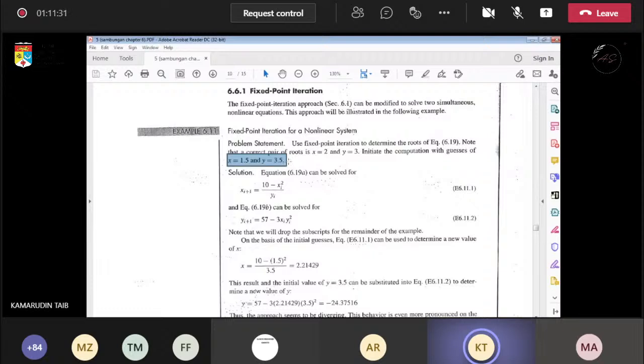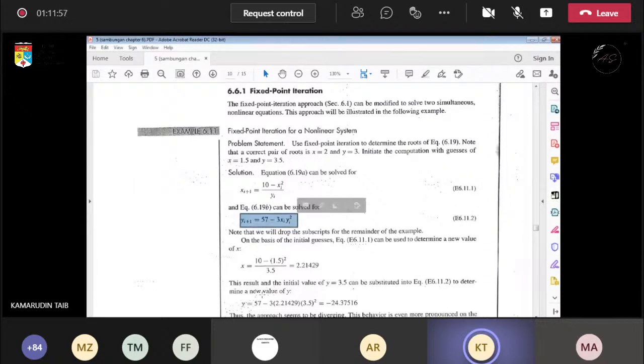then we can write x equals the square root of 10 minus 1.5 times 3.5, using this equation. So we have 2.21429. And with this result and the initial value of y equal 3.5, we substitute here now.